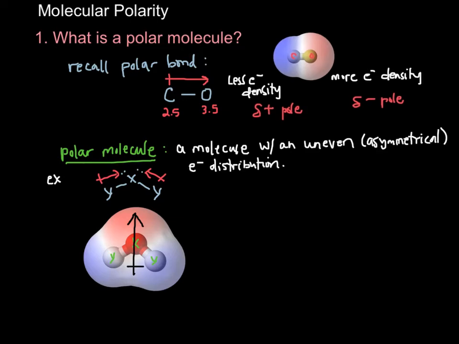So this molecule has an uneven, or asymmetrical, electron distribution. Most of the electrons, not all of them, are more concentrated on this half of the molecule than on this half.